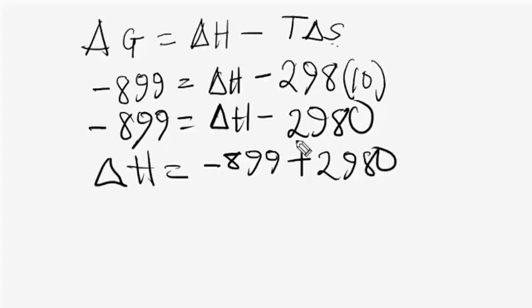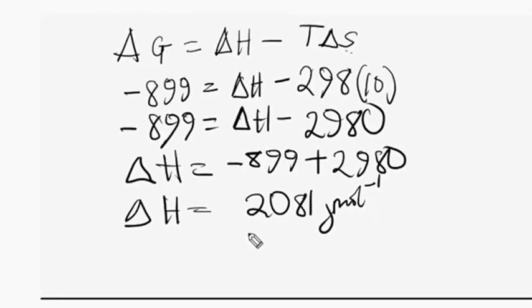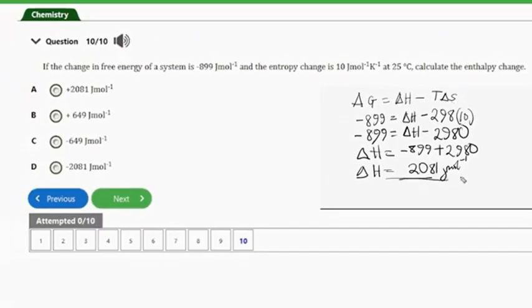You can still rearrange this to be 2980 minus 899. So in any case, we're going to have delta H to be 2081 joule per mole. So guys, that's option A here, and that's the answer to this question.